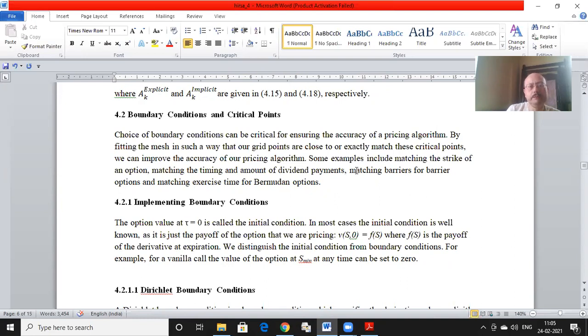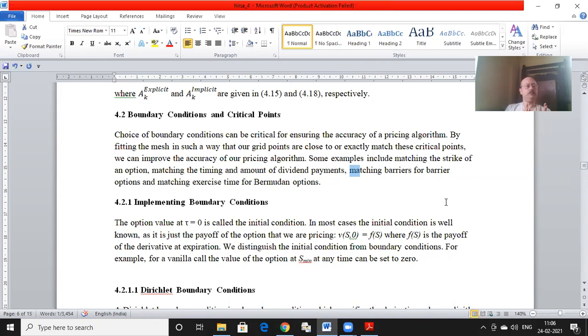Other important considerations could be matching the barriers. If we are considering a barrier option, then of course I want to match the barrier with my grid. Similar to the dividend payment timing consideration, timing on the horizontal axis, if we are considering a Bermudan option, so we have been discussing the barrier option and the Bermudan option quite a bit as examples of path-dependent options.